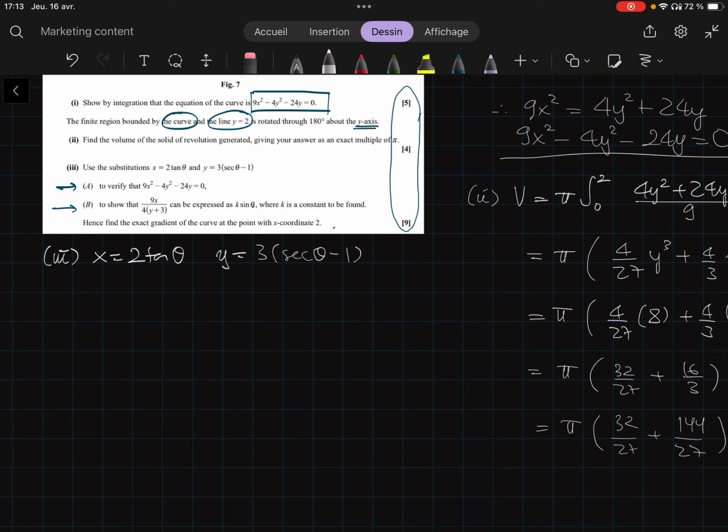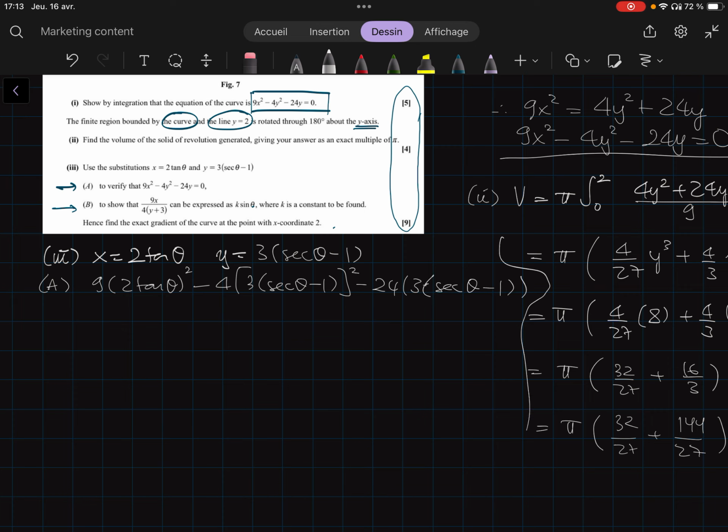Plug it into our expression. Do not rush. Take your time. This is a proof, you are expected to show every single step of your working out.